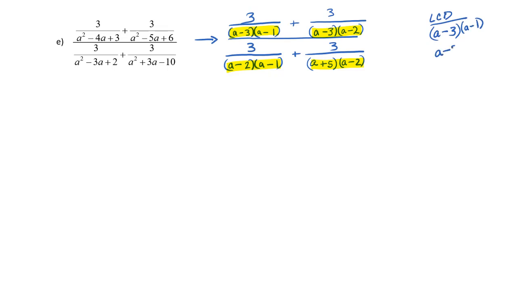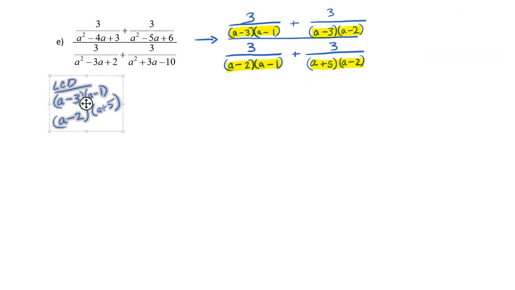A minus 2 appears once. And a plus 5 appears once. So that's what I need to multiply the numerator and the denominator by to get rid of the denominators in all those fractions. So I'm going to do that next.